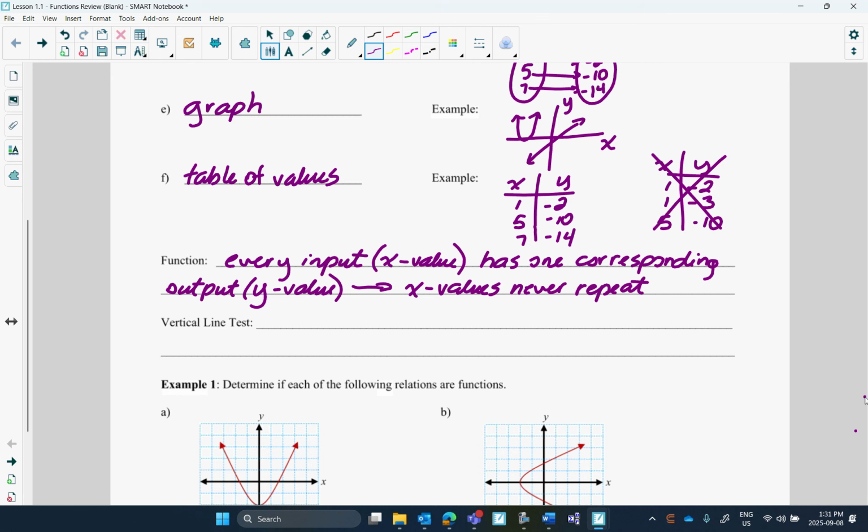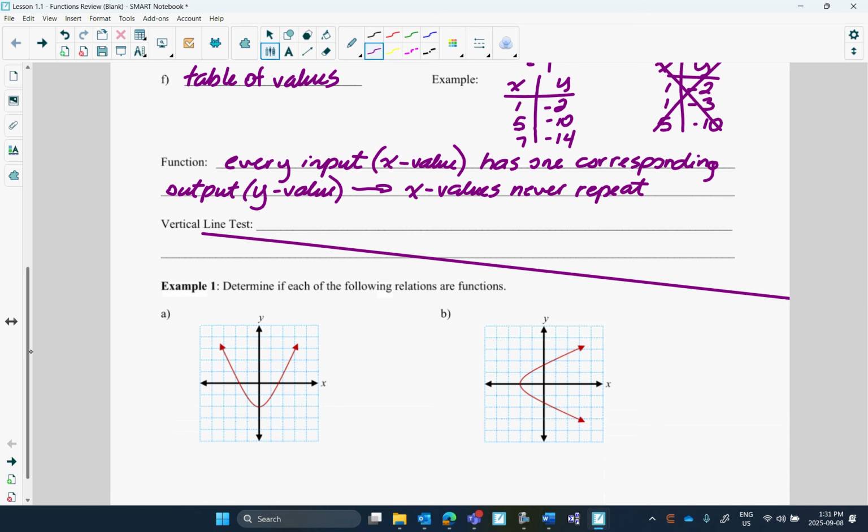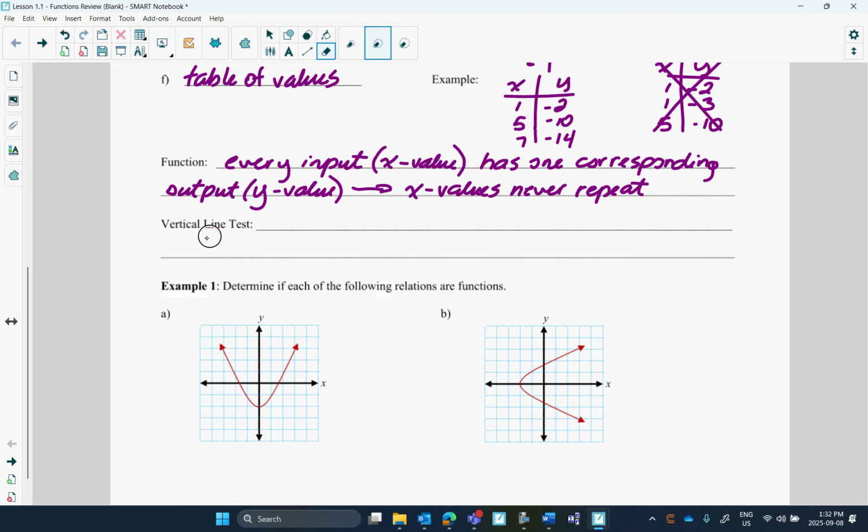A lot of times we use graphs. How can we tell if a graph is a function or not? We did this thing called the vertical line test. And what does that mean?